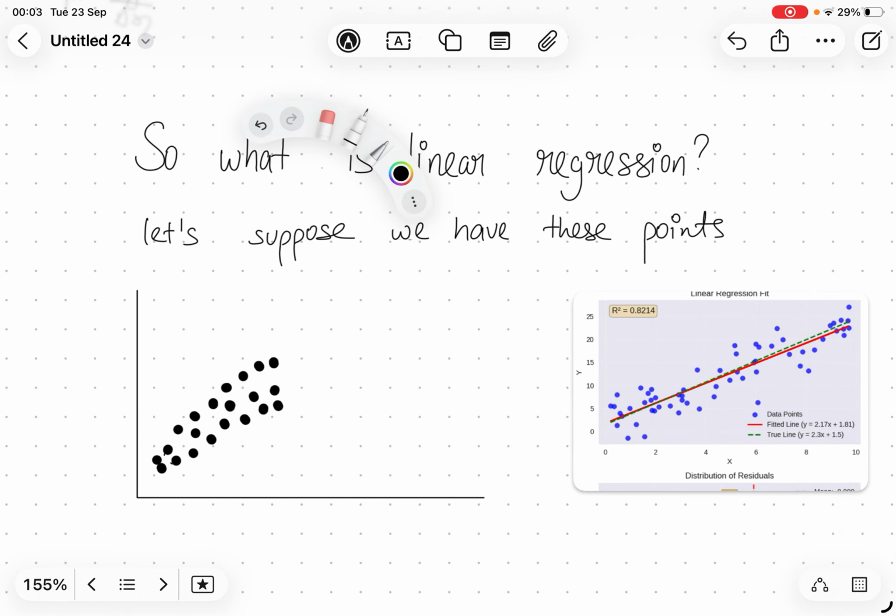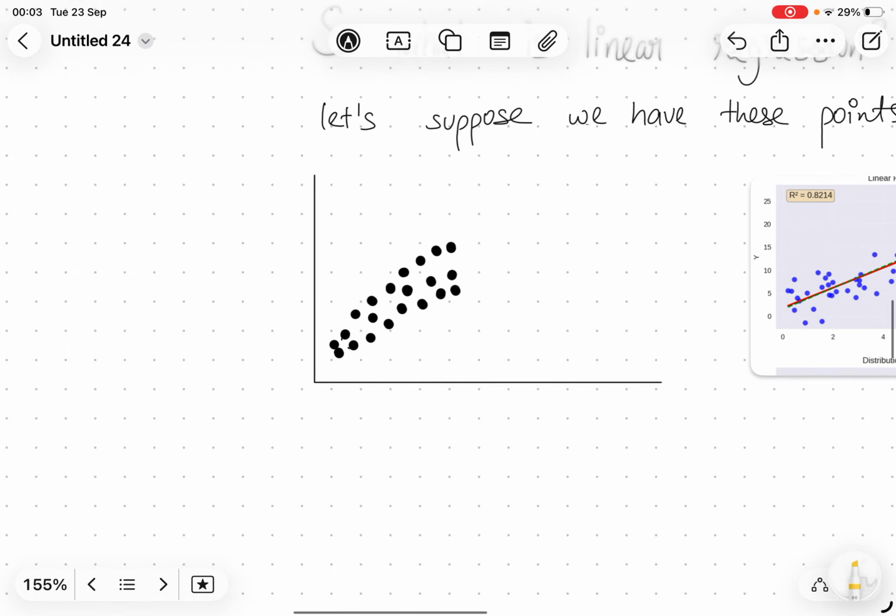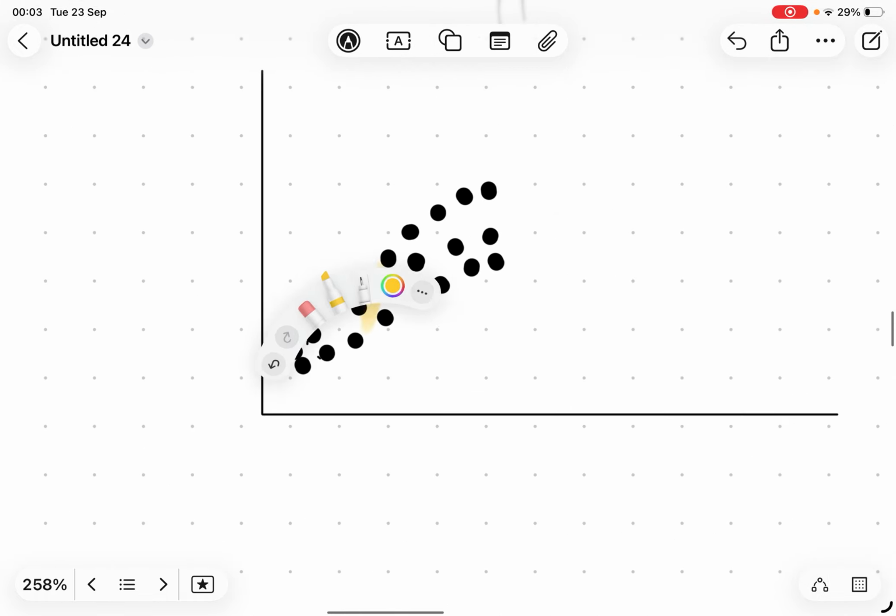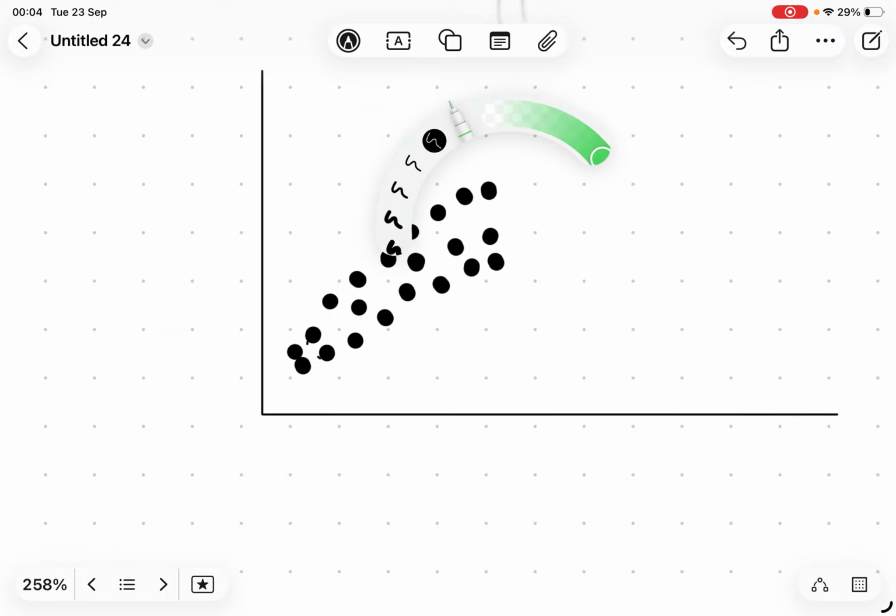So what is linear regression? Let's suppose we have these points. Okay, focus on this image right now. When you look at this image, you clearly see a pattern going on, right? You think if this is how the data is scattered, the next data could be here, here, and here.